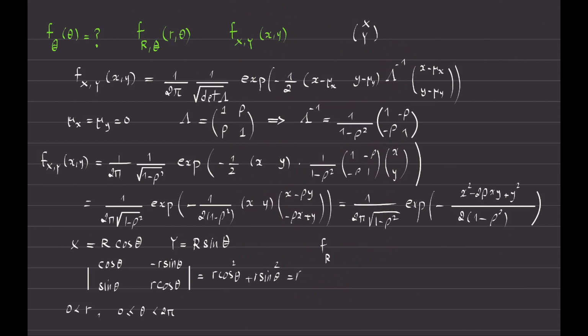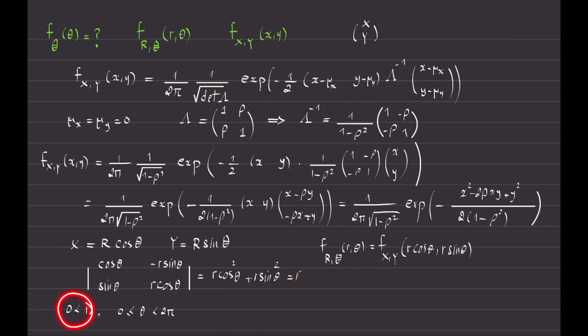Okay, so what I can write is that f of r and theta, at r, theta, is equal to f of x and y. In principle, I have to write x and y here, but of course I have to express them in terms of the new variables r and theta, and these are standard ones, so it becomes r cosine theta and r sine theta, but I have to multiply by the absolute value of the Jacobian of the transformation.